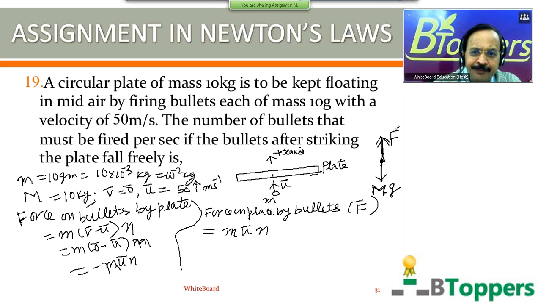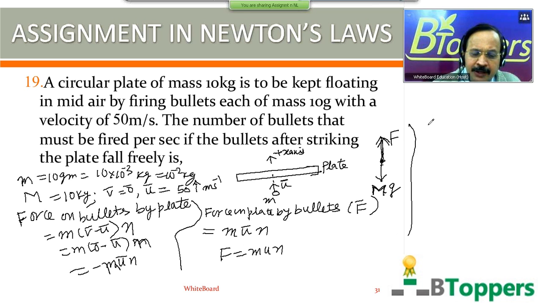For the plate to remain stationary in mid-air, the magnitude of the upward force exerted on the plate by the bullets must be equal to the magnitude of the weight of the plate. So this F is equal to mun in magnitude.